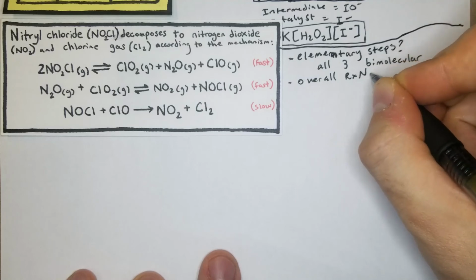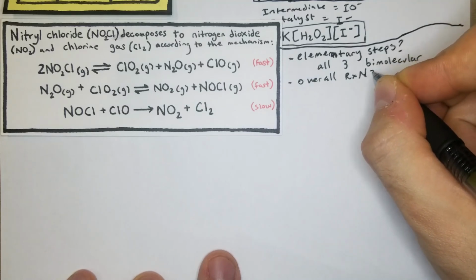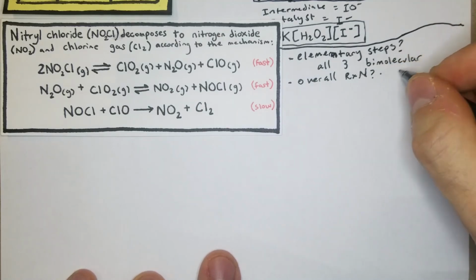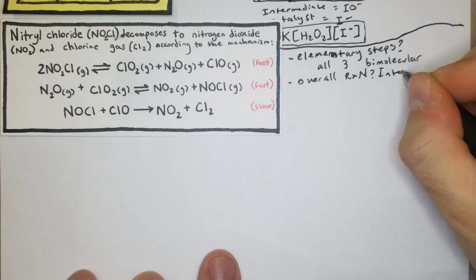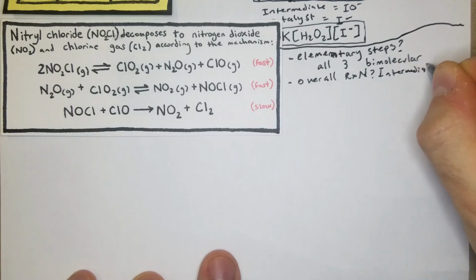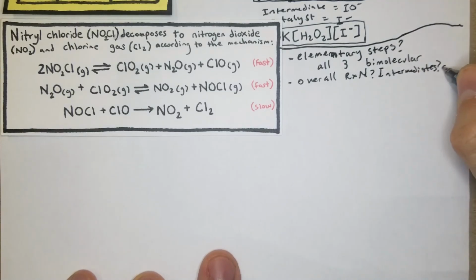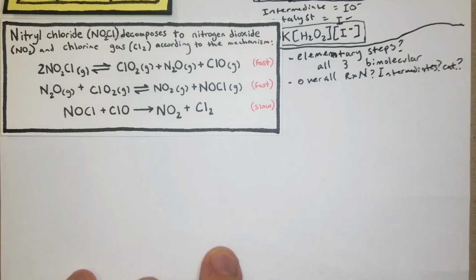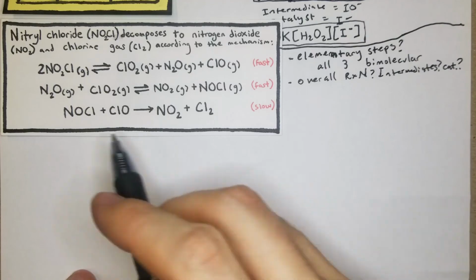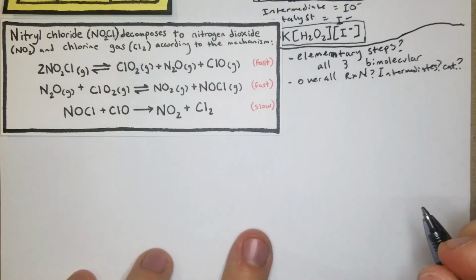So now we're going to find our overall reaction, and then we're going to find intermediates and catalysts. So let's see what we got. Again, we're just going to add everything on one side, add everything on the other.